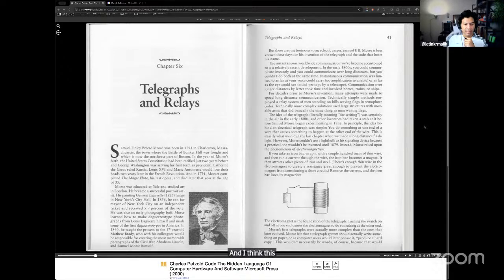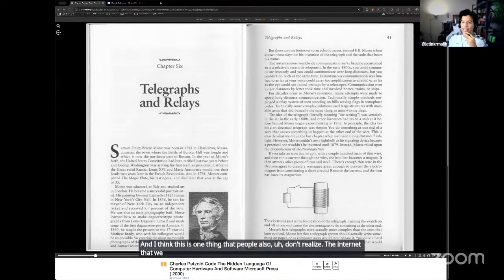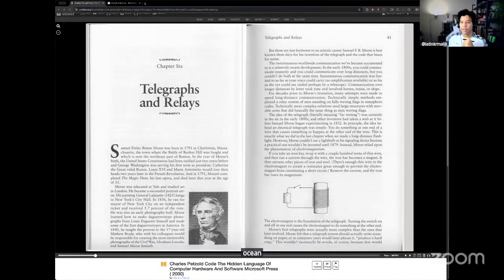And I think this is one thing that people also don't realize. The internet that we use seems like it is wireless, but 95% of the internet is basically just giant copper wires going through the bed of the ocean and connecting different nodes to each other.